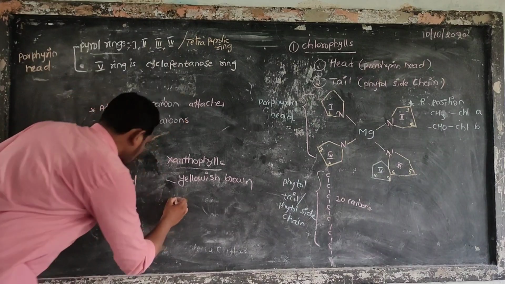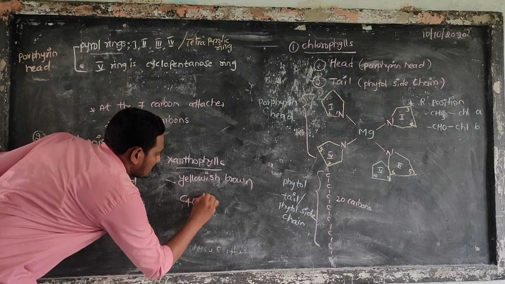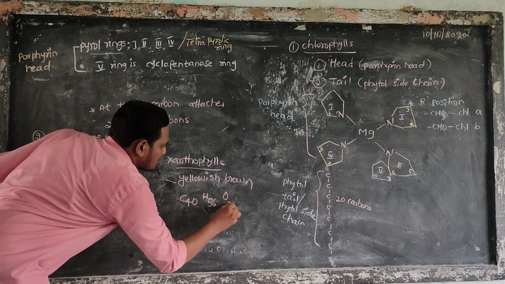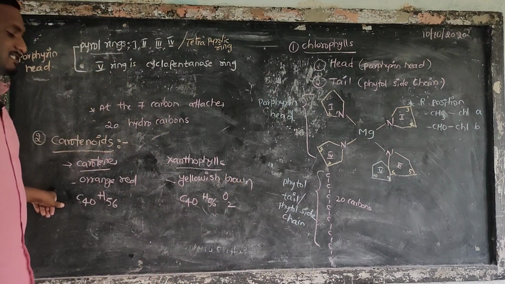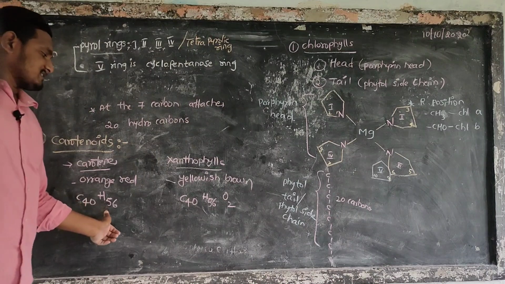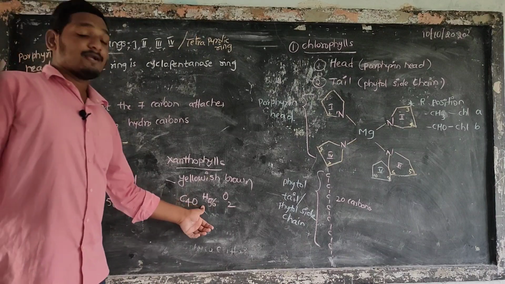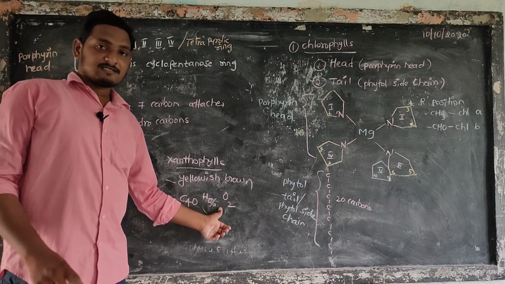And in xanthophylls, carbon molecules are 40, hydrogen molecules are 56, and oxygen molecules are 2.